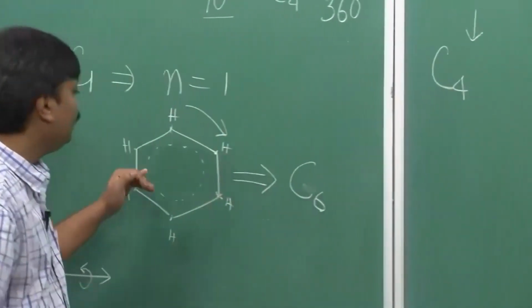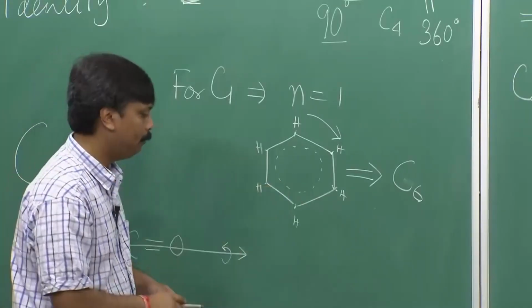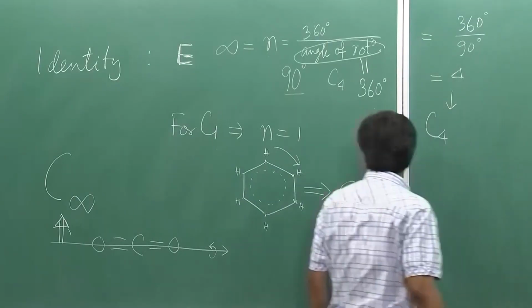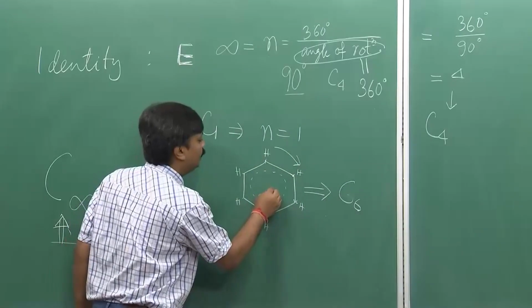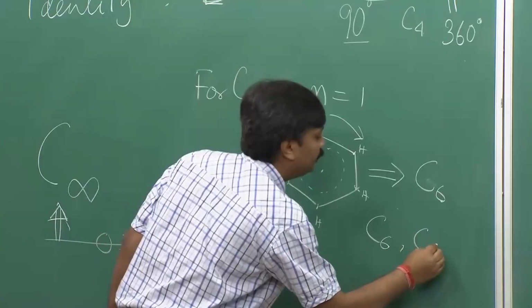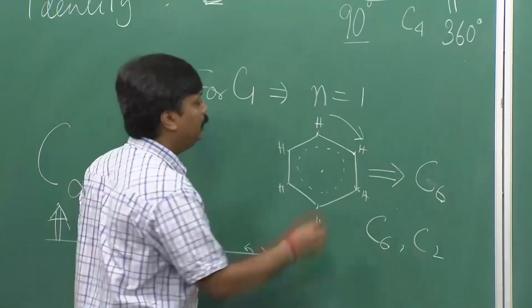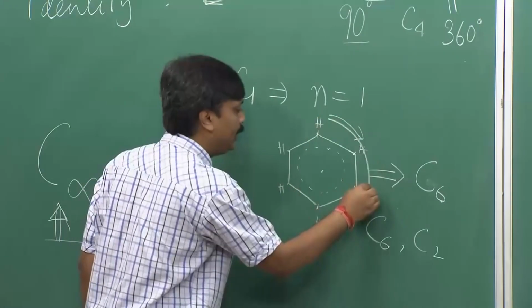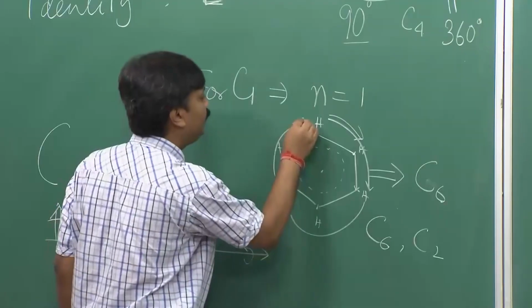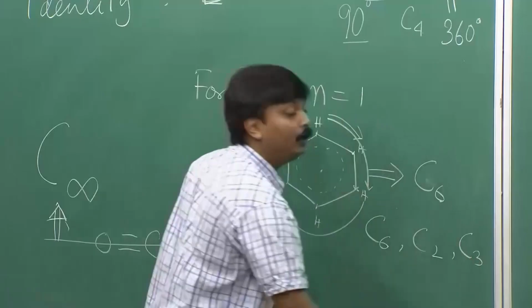But again here, this is not all. You can have many other rotational axes. For example, what you can see here, that is about this, you have a C6 axis, you have a C2 axis, and you can come from here to here directly, and then from here to here and here to here by 120-degree rotation.